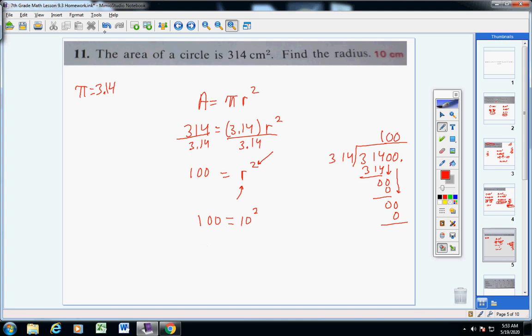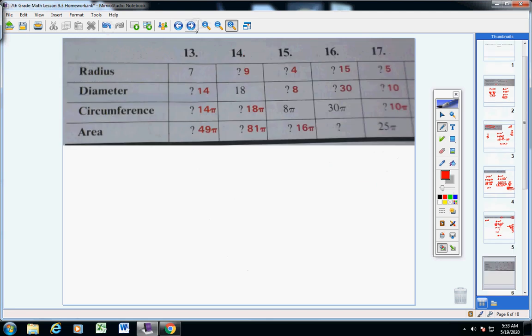So my radius equals 10. And of course, if you look at your area is centimeters squared, which means your radius is centimeters. Alright? 10 centimeters. Let's try number 13.